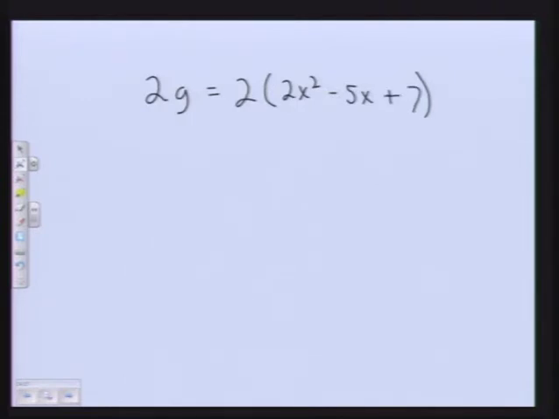This is simply a distribution, so make sure you do all the multiplications correctly, and we get 4x squared minus 10x plus 14. By the way, if you get into future algebra, this is called scalar multiplication because we're multiplying by a constant value.